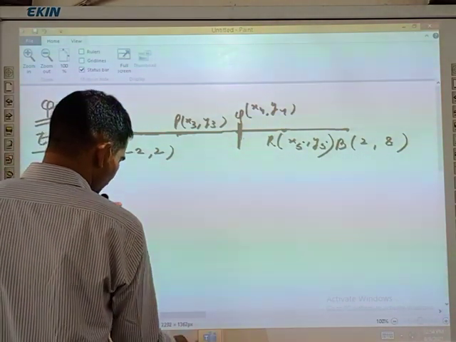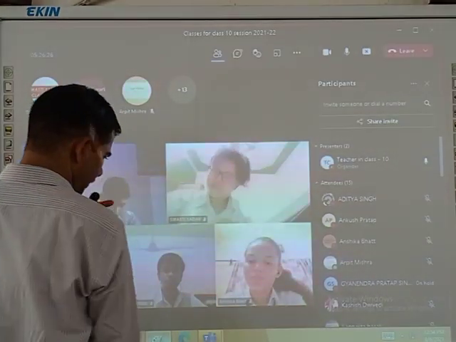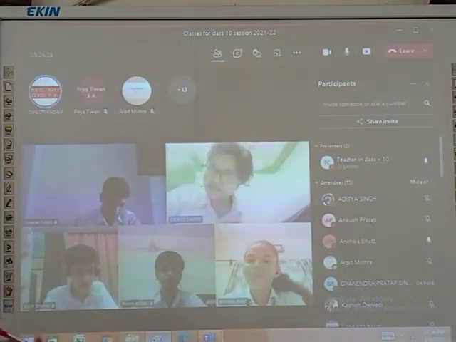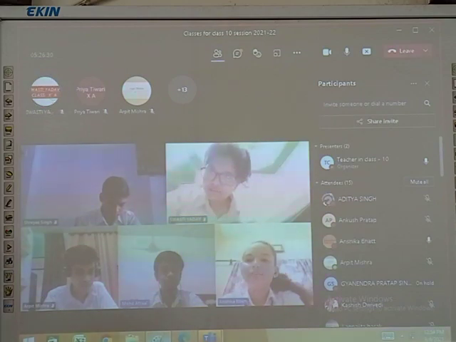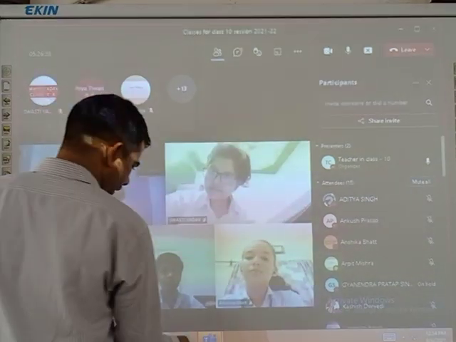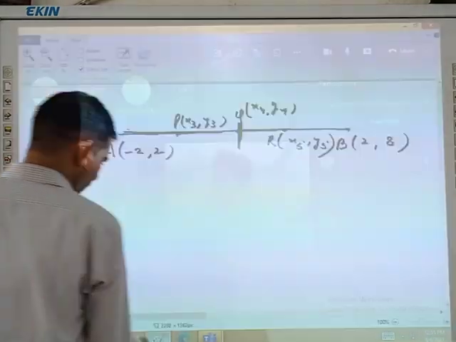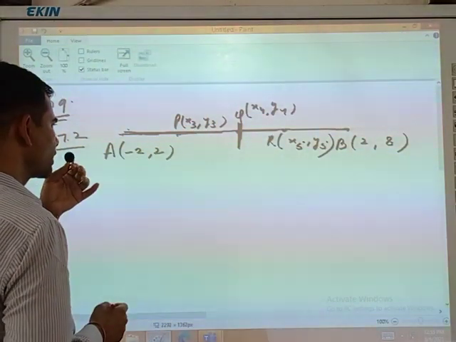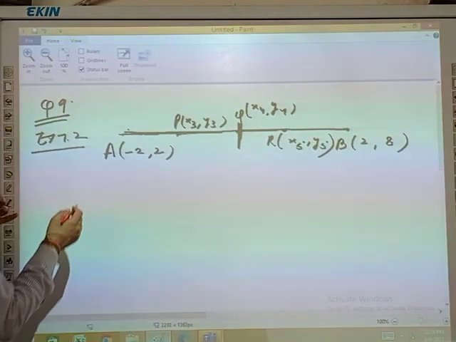So which method do you want to apply? Please tell me. First, midpoint formula. Yes, midpoint formula. Okay. Q is the midpoint of AB.